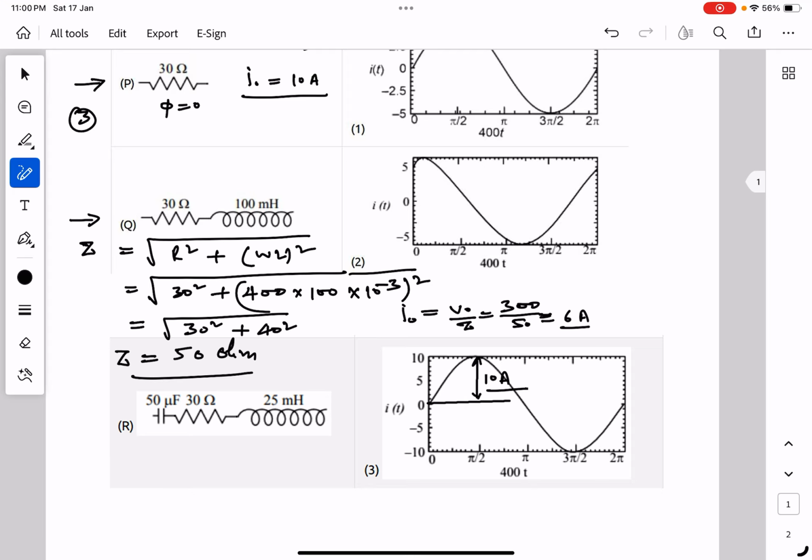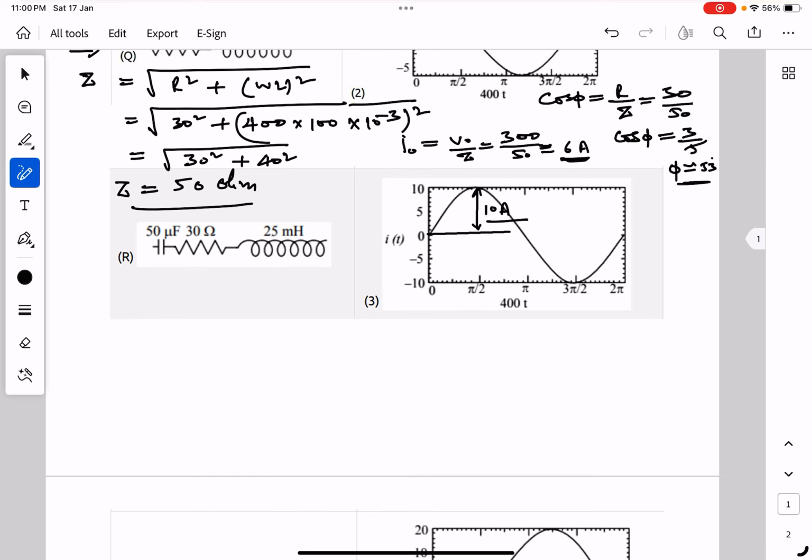Since the circuit contains resistor and inductor only, current will lag the voltage and cos phi is equal to R upon Z. R is 30 and impedance is 50. So cos phi is equal to 3 by 5. Therefore phi is approximately equal to 53 degree. Therefore amplitude of current is 6 ampere and current lags the voltage by 53 degree.